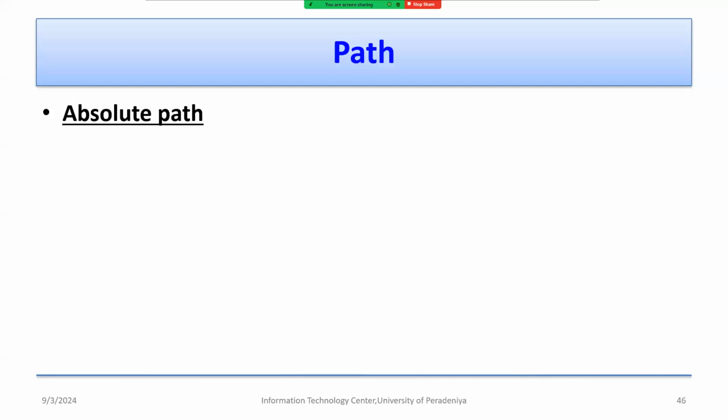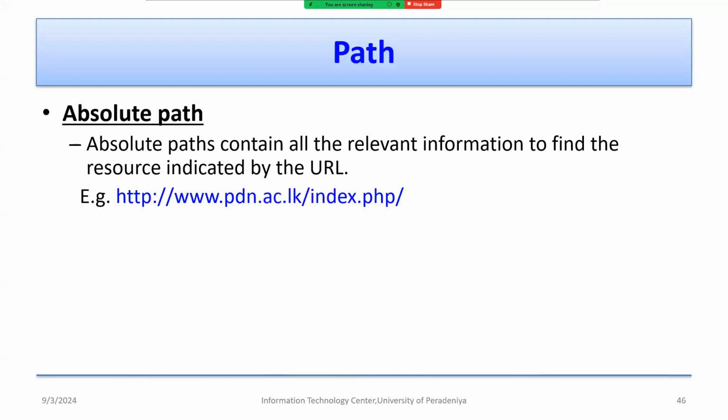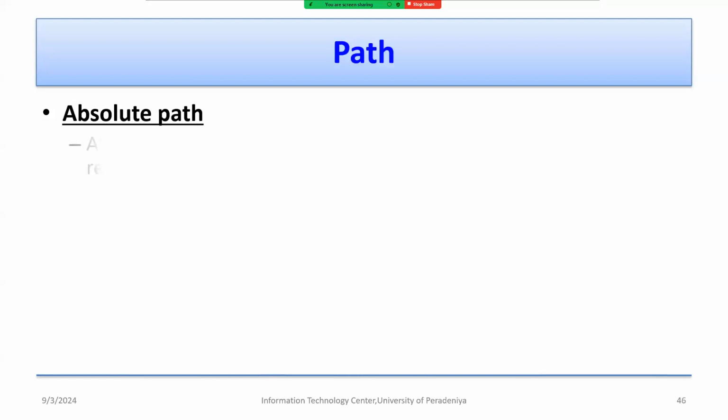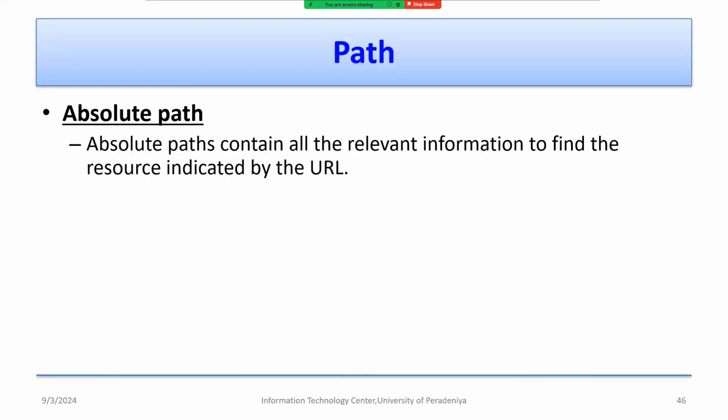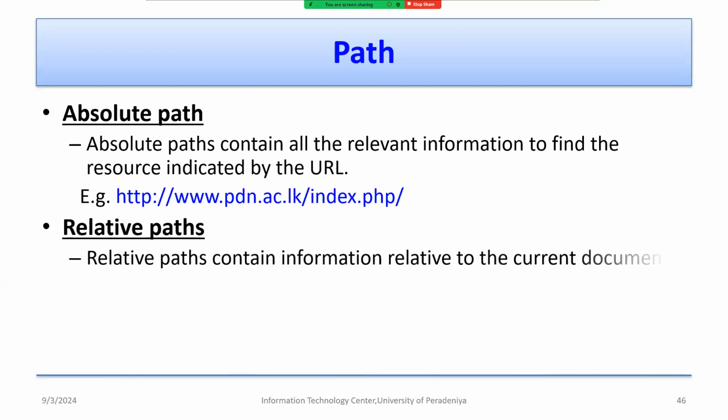When you talk about the path, there are two different paths. We call them absolute path and relative path. The absolute path contains all the relevant information to find the specified resource. Typically, an absolute path is a URL. The next one is the relative path.